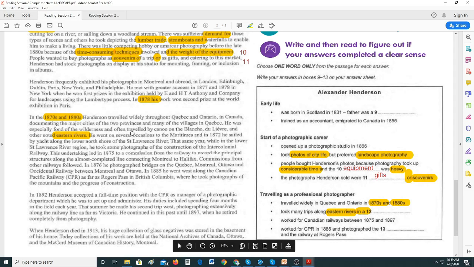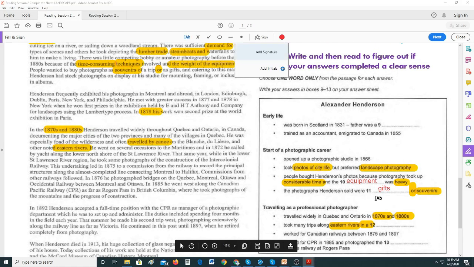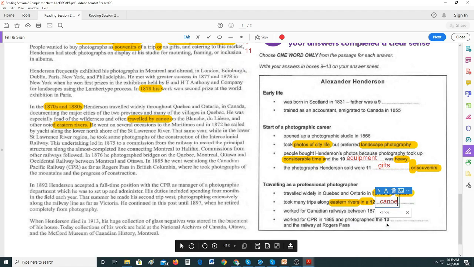So what is that in that something? You can find that traveled by canoe. So definitely the answer would be canoe. So let's write like this, C-A-N-O-E.